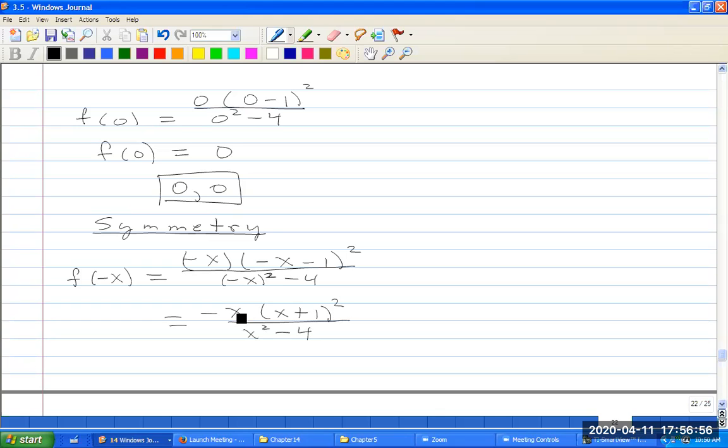Well, the x squared minus 4 looks good. The minus is okay, but I have a plus here.